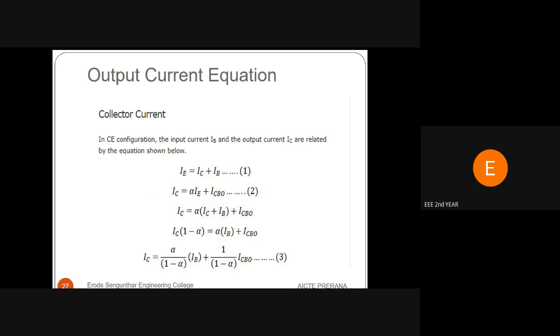So the output current IC equal to alpha divided by 1 minus alpha into IB plus 1 divided by 1 minus alpha into ICBO. The collector current in terms of beta value, IC equal to beta into IB plus ICBO, beta equal to alpha divided by 1 minus alpha.